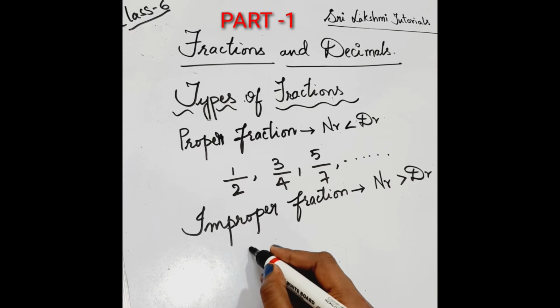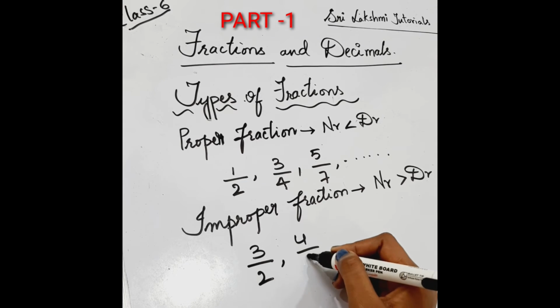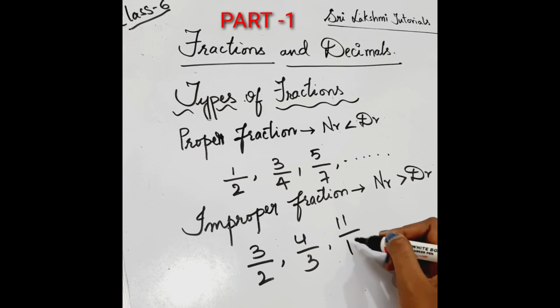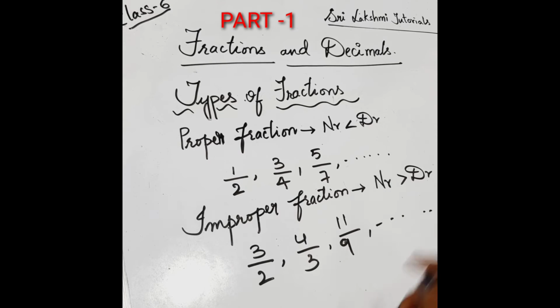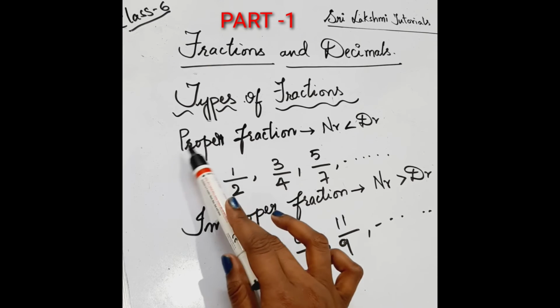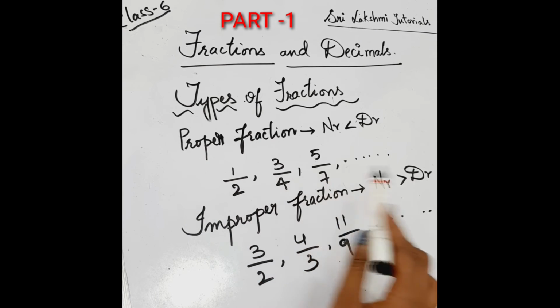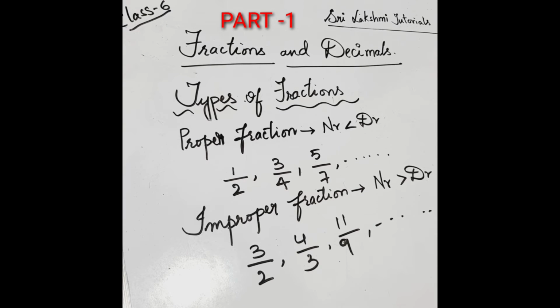So 3 by 2, 4 by 3, 11 by 9 and so on. These are the examples of improper fractions, and proper fraction examples are 1 by 2, 3 by 4, 5 by 7 and so on.